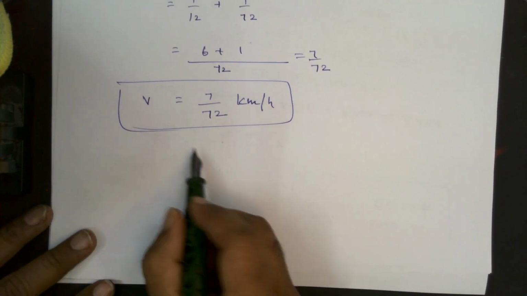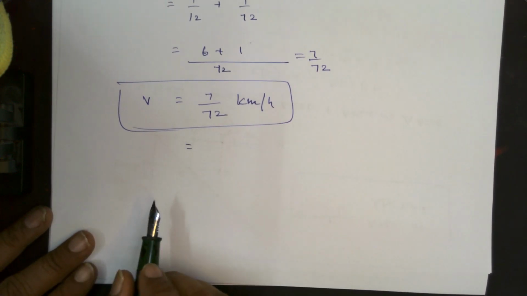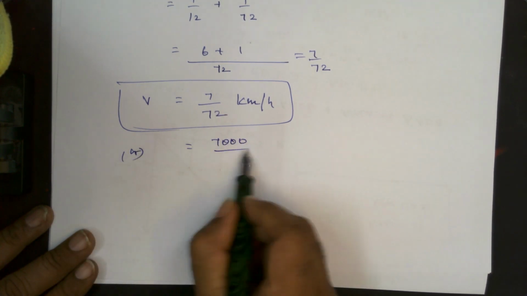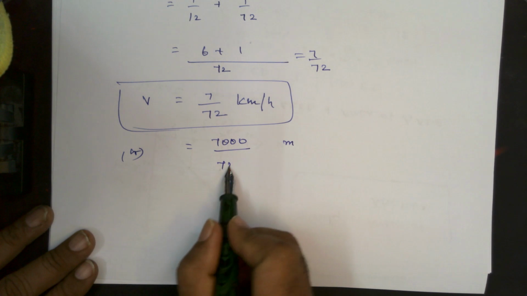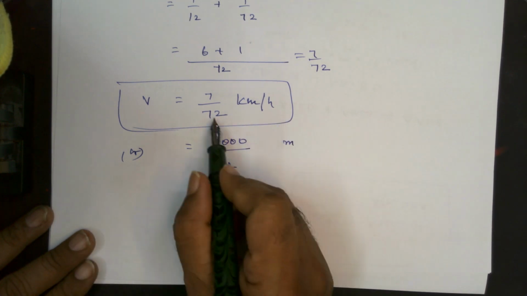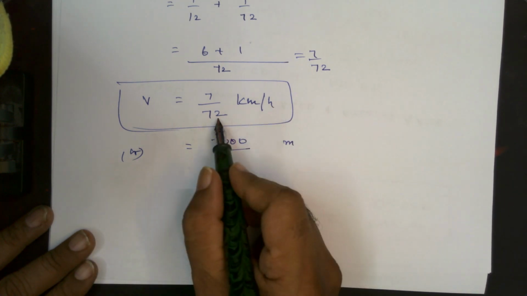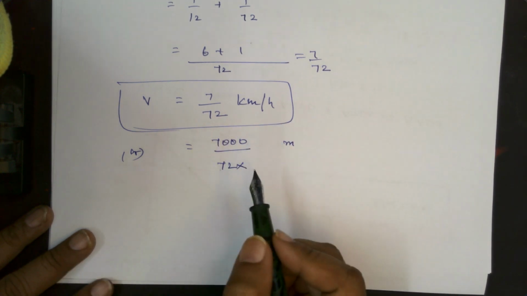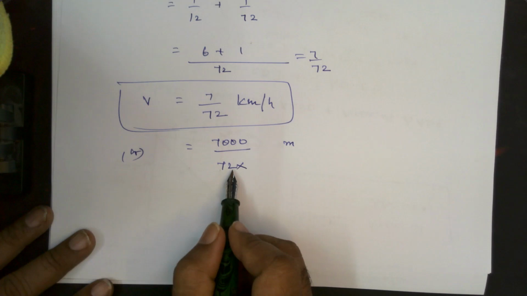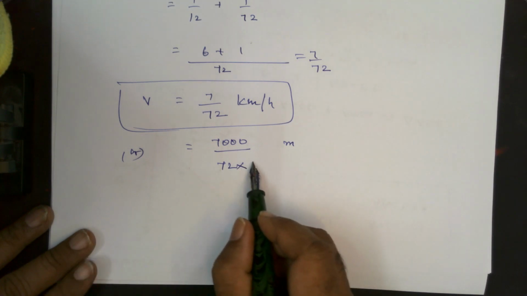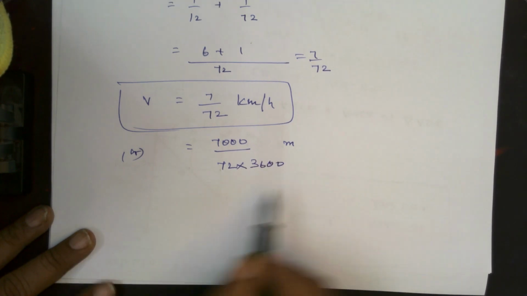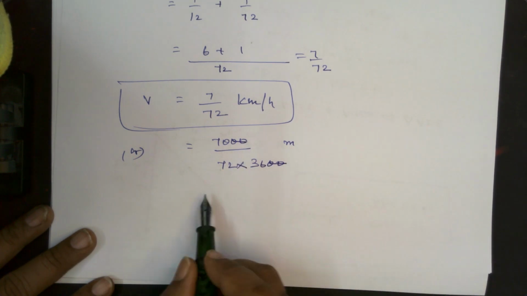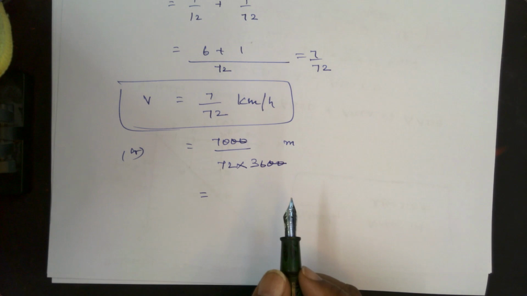So likewise you can declare. If you want to convert this into meter per second, you can convert 7000 meter divided by 1 hour, 72. It is given in 72. So what you are supposed to do, you have to convert this into second. So 72 into how much? 3600. Okay. Now you can cancel this and you can proceed with that.